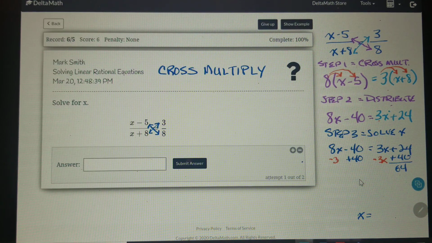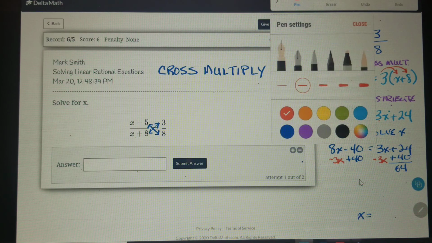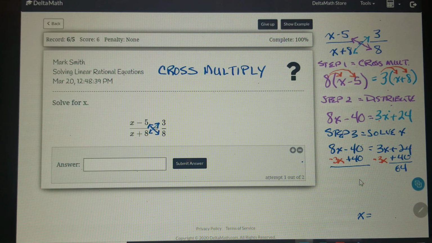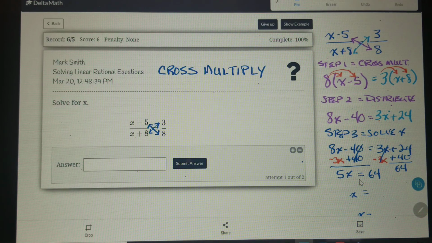Subtract 3x from both sides. And on this side, I'm going to get 5x equals 64. And we're going to get x equals, using our calculator.